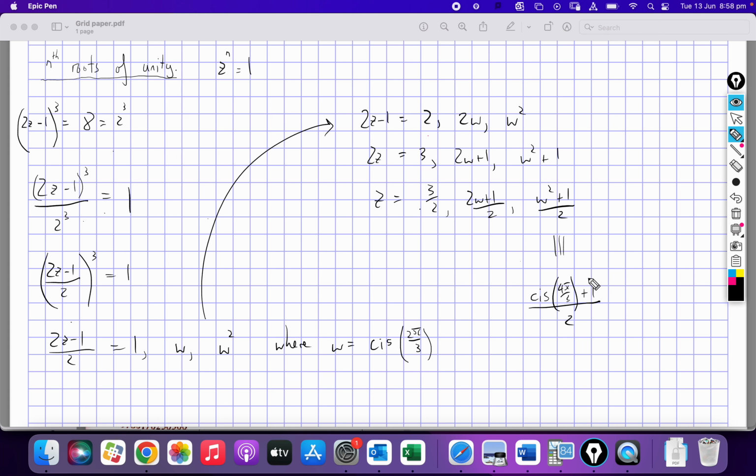I could work out what that was if I want. You know, use your calculator or break it up into cos and sine. Then you've got to take that result and put it back here. So you'd have to times it by 2, subtract 1, cube it, and you'll get 8. So hopefully that all made sense.